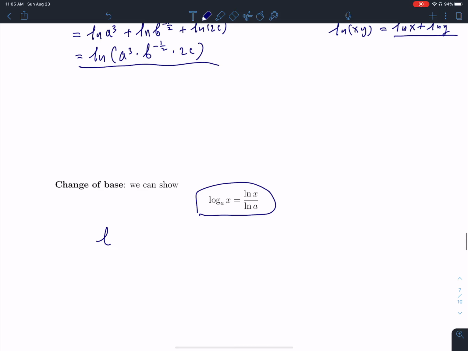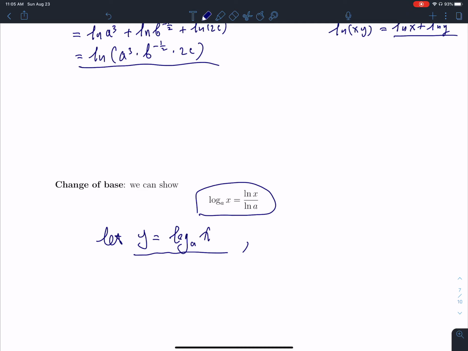So let y be log with base a of x. Remember, the log function is the inverse of the exponential function. So what does that mean?